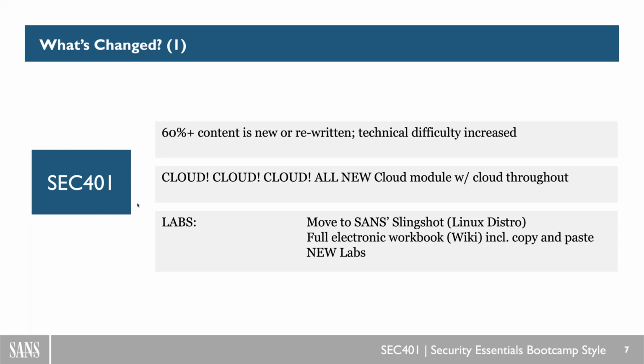And that is a difficult aspect to do because on-prem and cloud are similar and yet different at the exact same time. We wrote a brand new cloud module, but more importantly than that, we have cloud distributed throughout the courseware. And if it's all right, I'm just going to hold off on that for a little bit more.